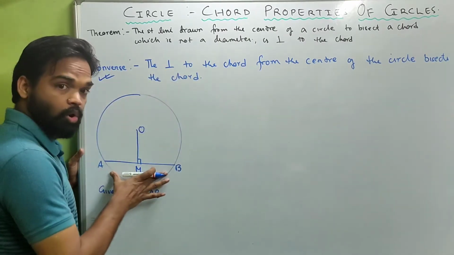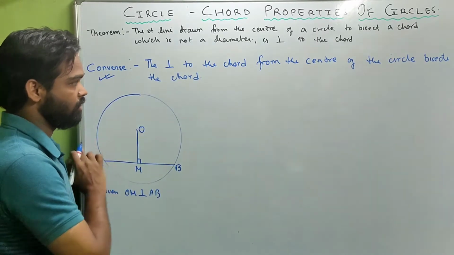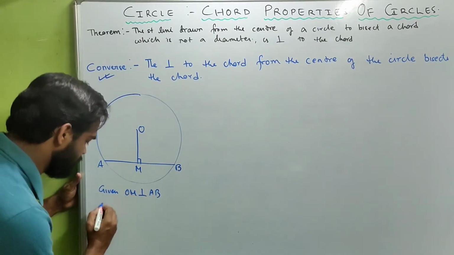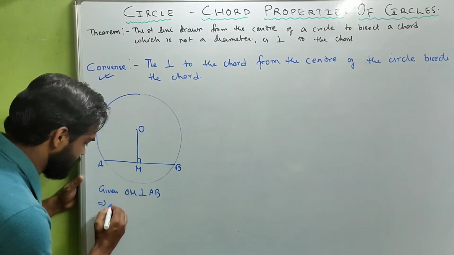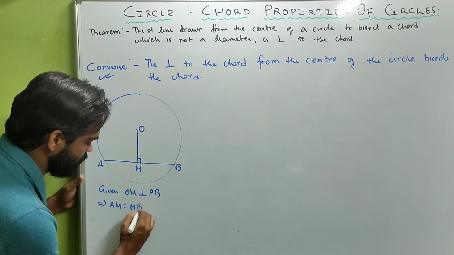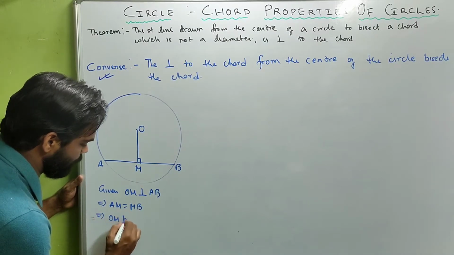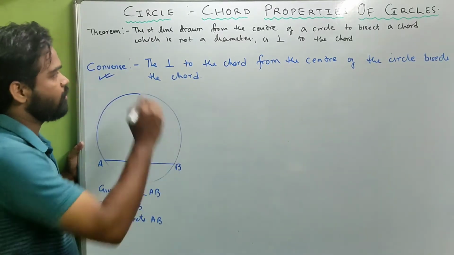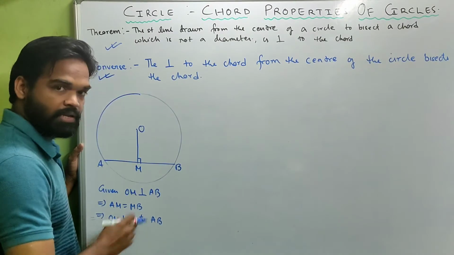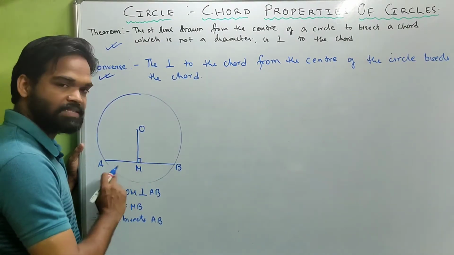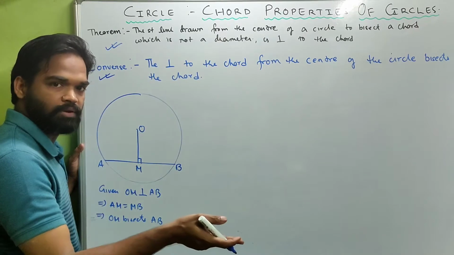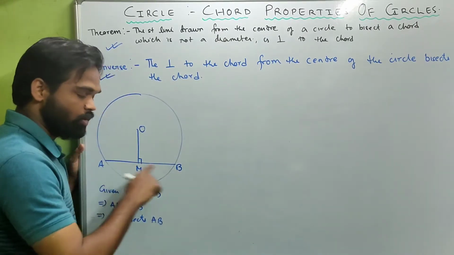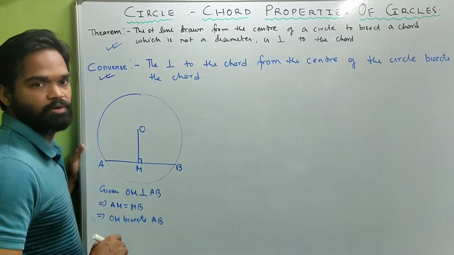The perpendicular to the chord from the center of the circle bisects the chord, which means if OM is perpendicular to AB, then it implies that AM is equal to MB, which is OM bisects AB. Remember the theorem was if OM bisects AB, then OM is perpendicular. Converse is if OM is perpendicular to AB, then OM bisects AB also.